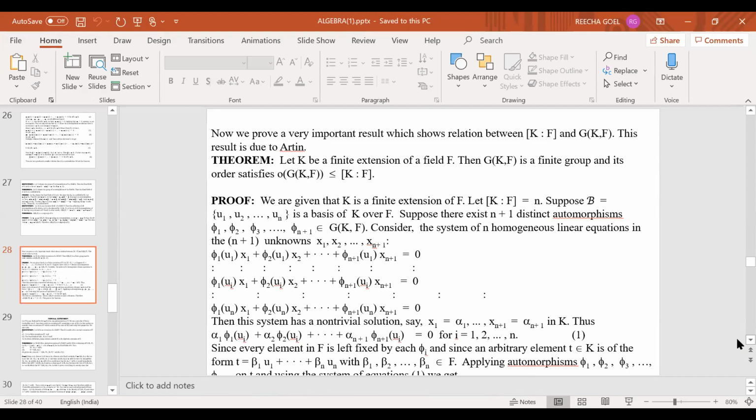Since every element in F is left fixed by each phi i, and since an arbitrary element t in K is nothing but a linear combination of u1, u2, up to un because they are the basis elements, t can be written as beta 1 u1 plus beta 2 u2 plus up to beta n un, with beta 1, beta 2, up to beta n in F. So apply the automorphisms phi 1, phi 2, phi 3 over these.